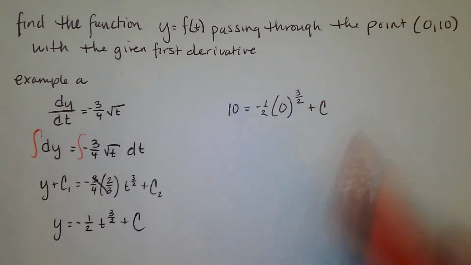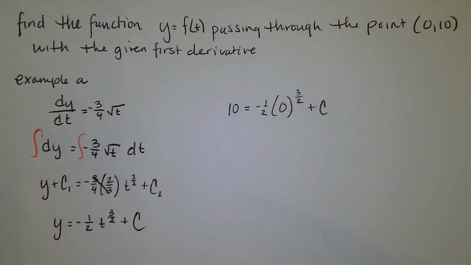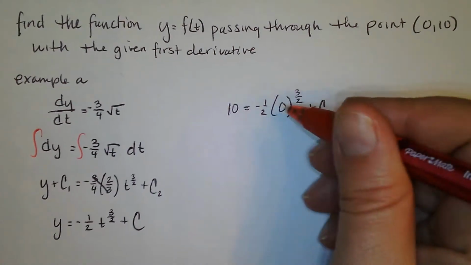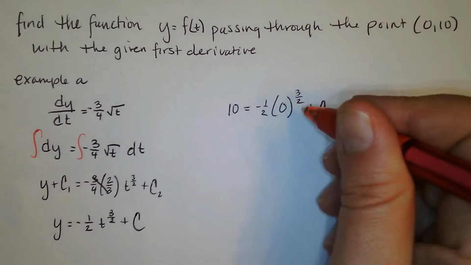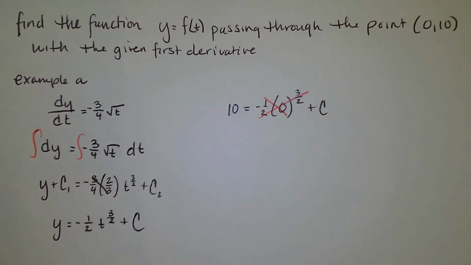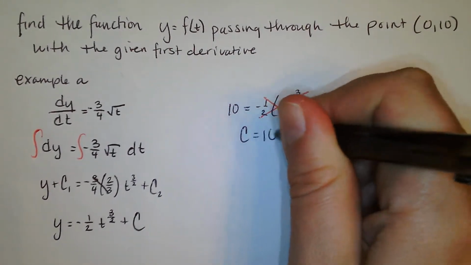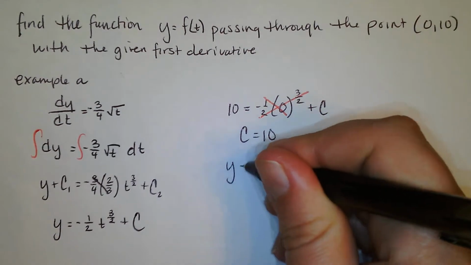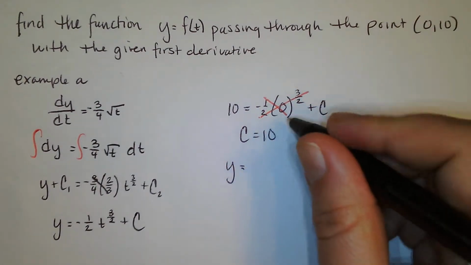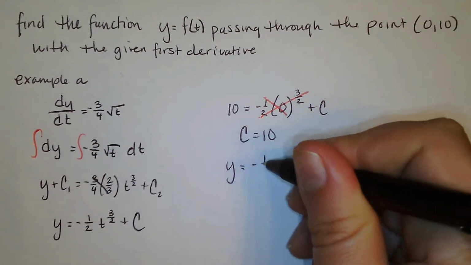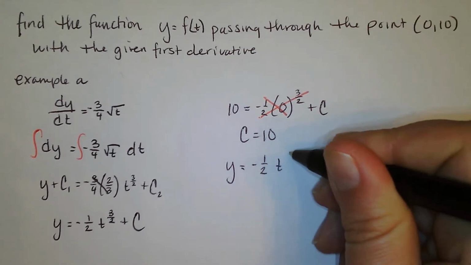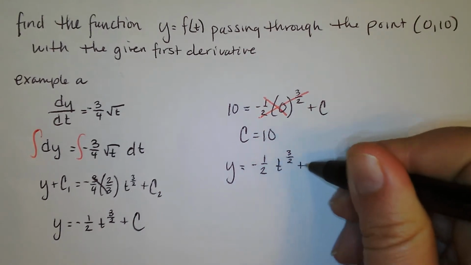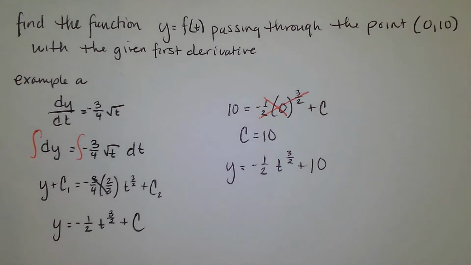Well, 0 to the 3/2 power is still just 0, and 0 times negative 1/2 is still just 0, so that all just goes away. So c is equal to 10. So our actual function, we have y equals negative 1/2 t to the 3/2 plus 10. Not so bad.